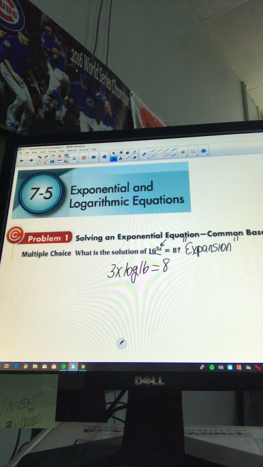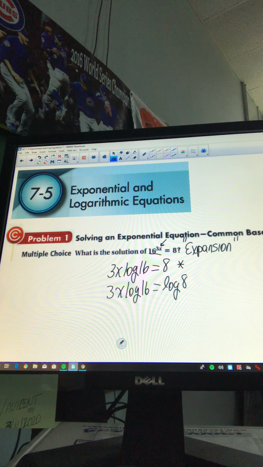Now you notice I took the log of this side. So really, according to the golden rule of algebra, what you do to one side, you have to do to the other. So I didn't take the log of that side, so we have to do that. 3x log of 16 equals log of 8.